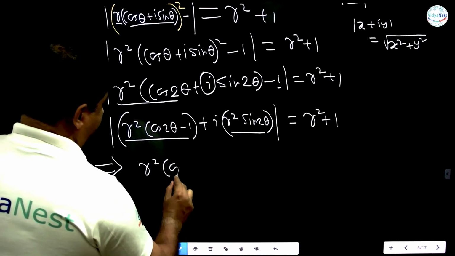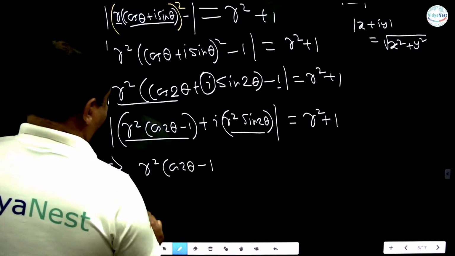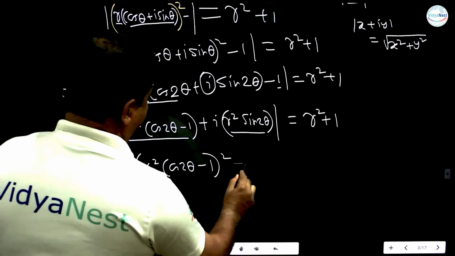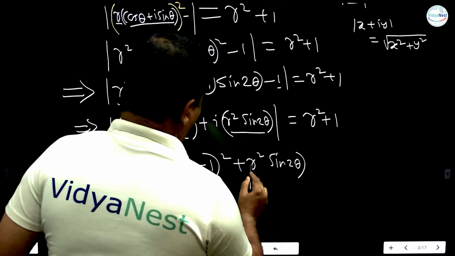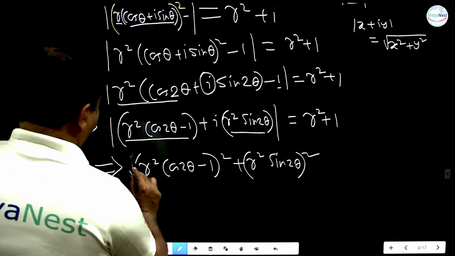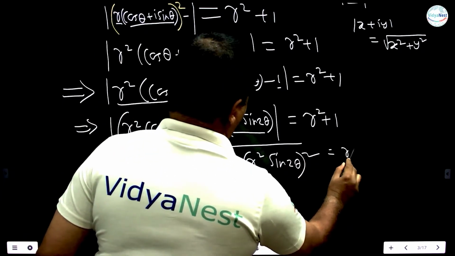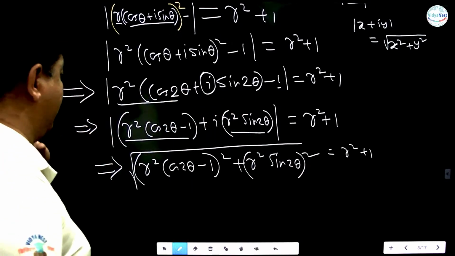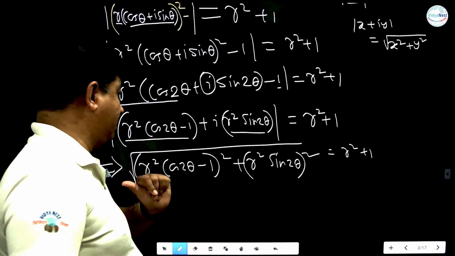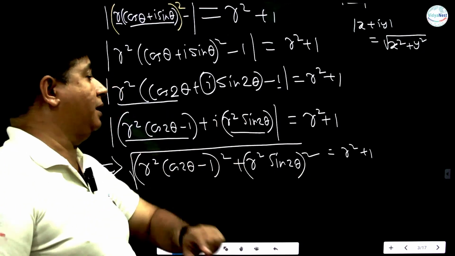R square cos 2 theta minus 1 whole square plus r square sin 2 theta whole square, all under root. Now you are to remove this square root. ये square root को remove करना है और इसको भी simplify करना है.